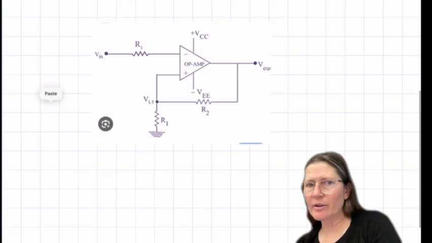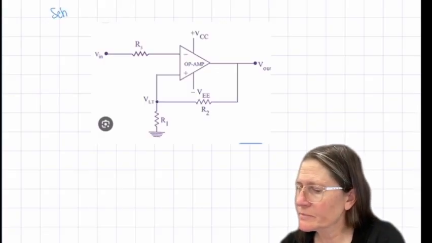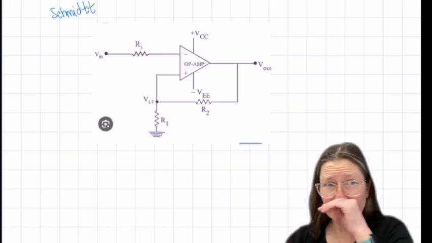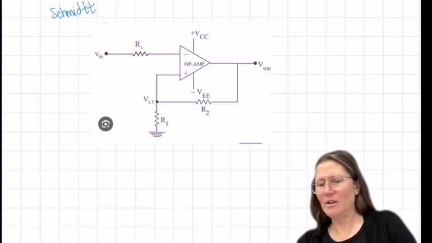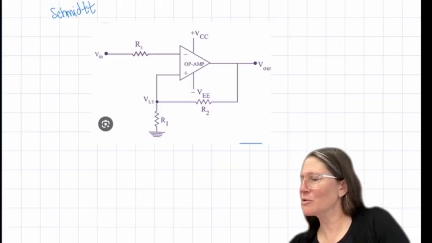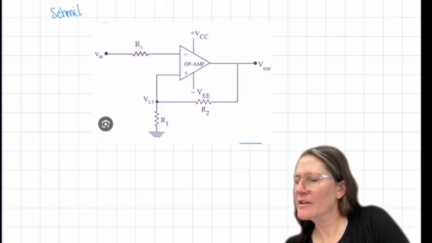All right, so this is called a Schmidt trigger. I think it's with 2 Ds. Oh, there's no D in there. Okay, Schmidt trigger.